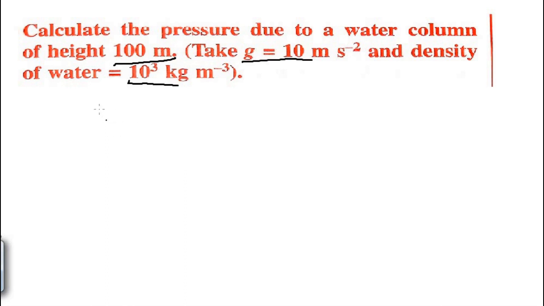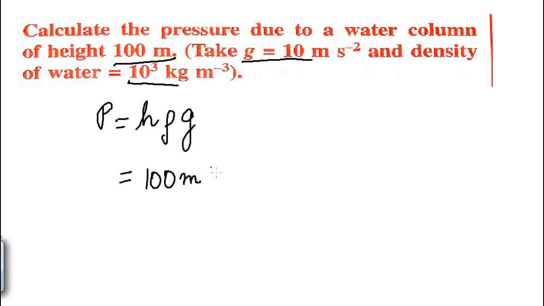Now quite simple to understand, the very easy and obvious formula, pressure due to fluids is h rho g. This we have already studied. So h is given in the question, 100 meter, which is already in the SI unit. We need not bother about the units. Rho is also given in SI unit, 10 to the power 3 kg per meter cube, into g.